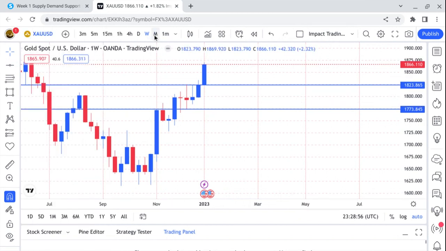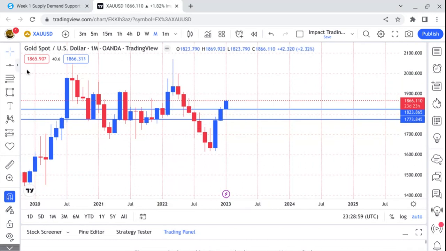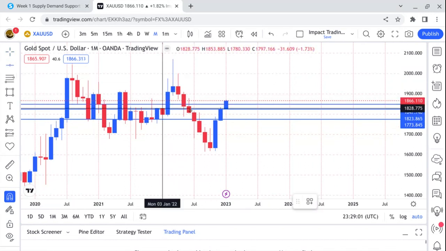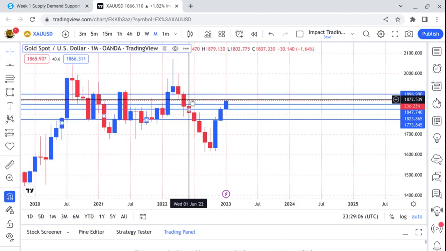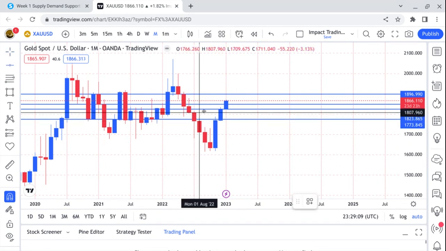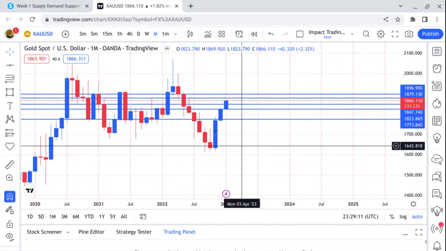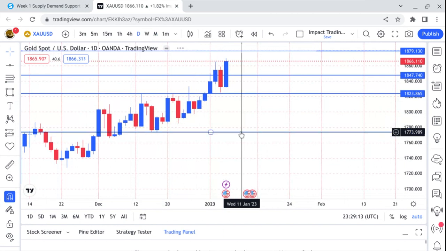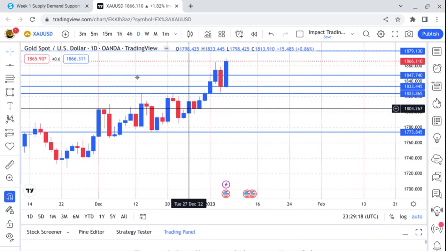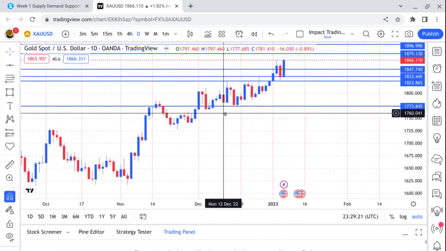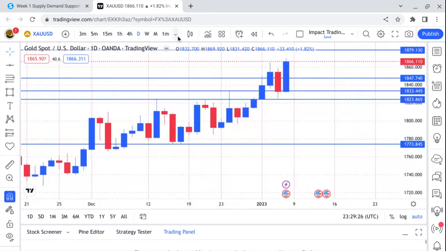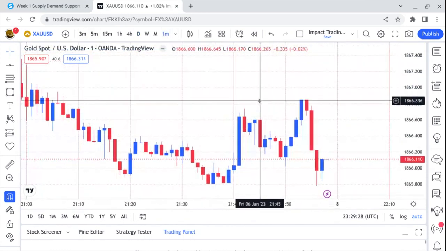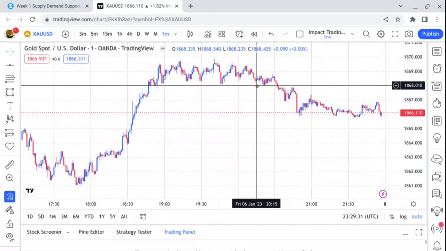And then you find agreement with your monthly highs, monthly lows, monthly opens, monthly closes, your weekly highs, weekly lows, weekly opens, weekly closes, your daily highs, daily lows, daily opens, daily closes. And that goes for hourly, and if you're scalping, you can even go to a 1 minute chart, and you can see the same patterns on the 1 minute chart.